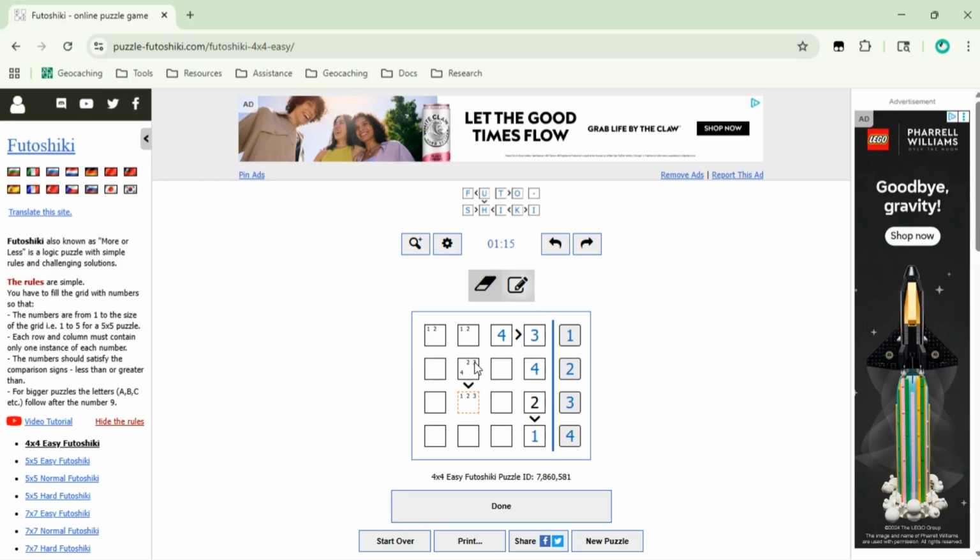Okay. So now that we have those done, let's see what else we have left. This actually can't be a 4, because we already have a 4 in this row. So we can remove 4, since it has to be bigger. We know that this one can't be a 3, so we can also remove the 3 from that option.